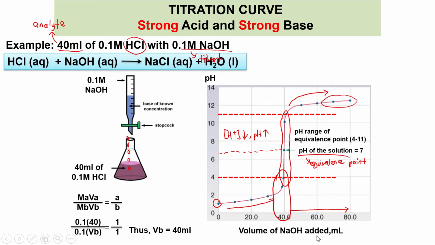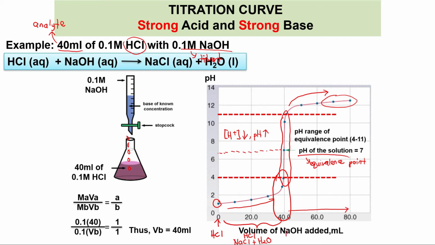Let's see what species are present in the conical flask throughout the titration process. At the beginning of the reaction, there is no NaOH; we just have HCl inside the conical flask. Next, before reaching the equivalence point, there is unneutralized HCl and also the products of the titration, which are the salt and the water.